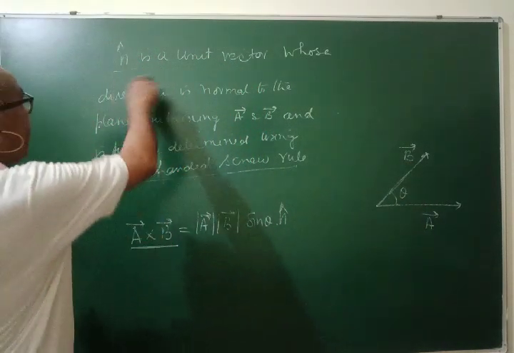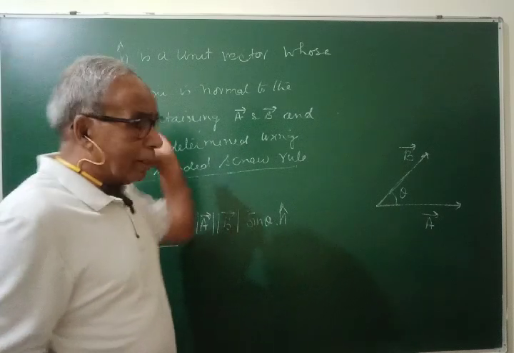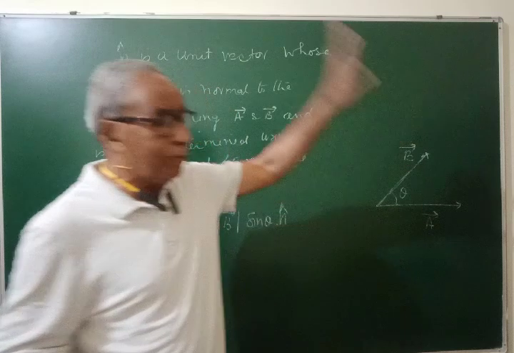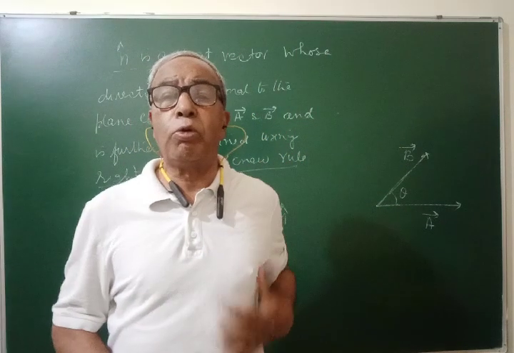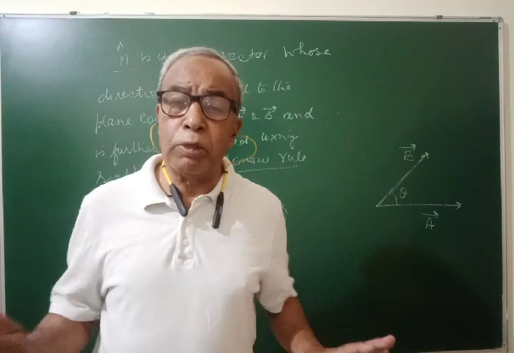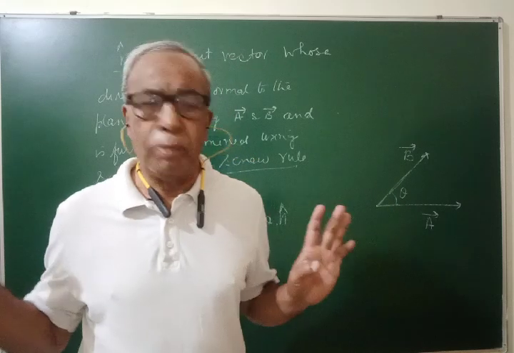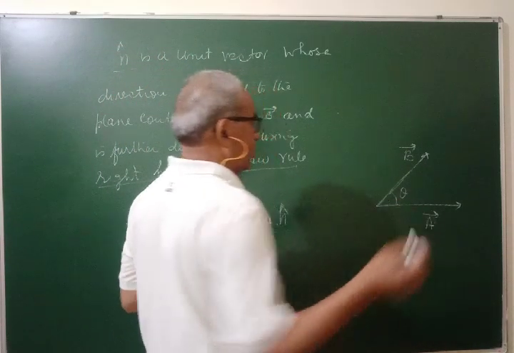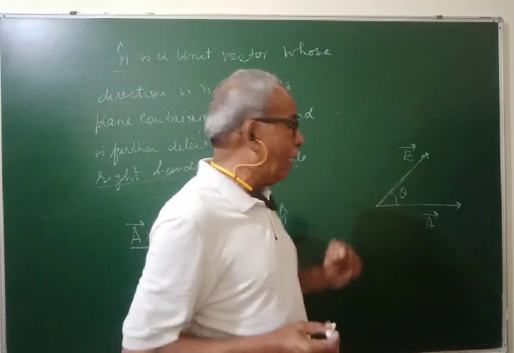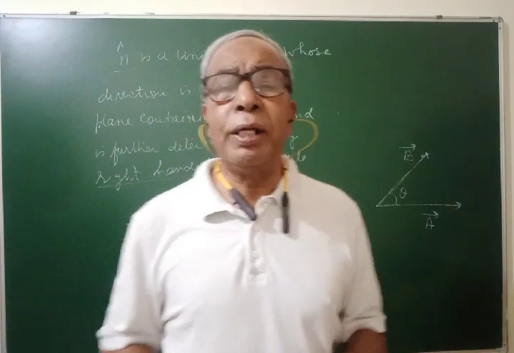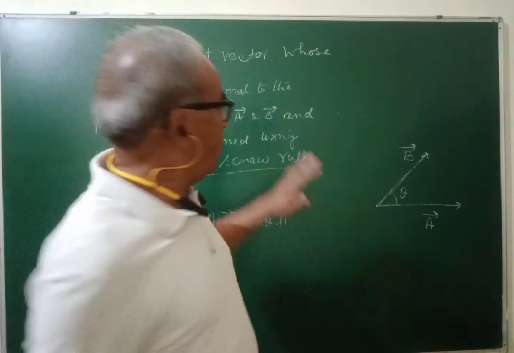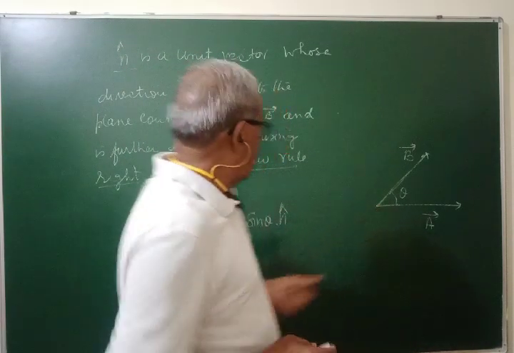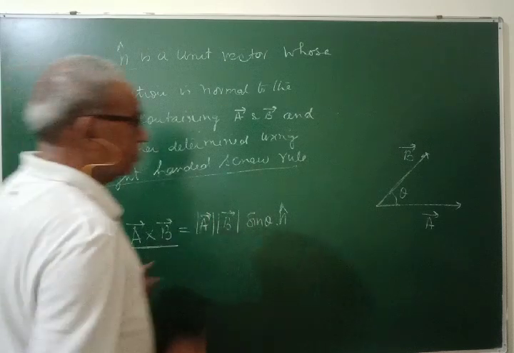So n cap is a unit vector whose direction is normal to the plane containing A and B and is further determined using the right-handed screw rule. It is the right-handed screw rule, not the right-hand thumb rule. If we place a screw whose axis is perpendicular to the plane containing A and B, what does the right-handed screw rule say?